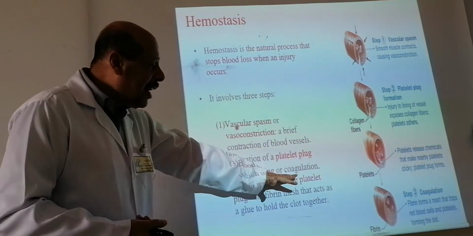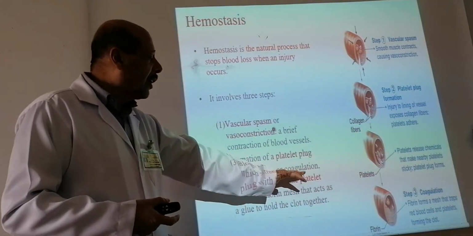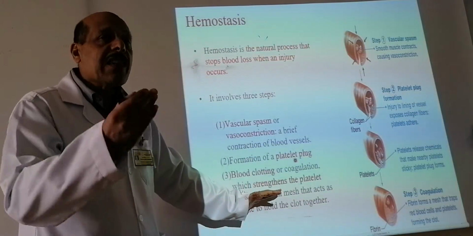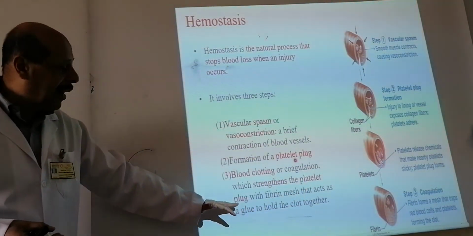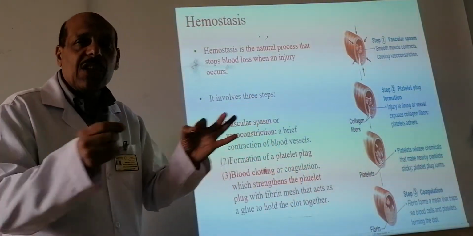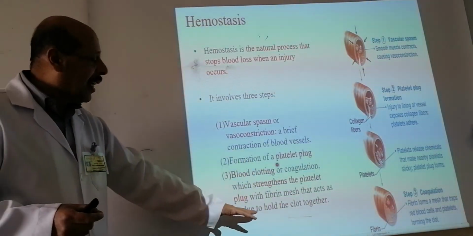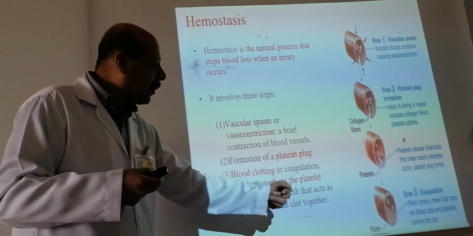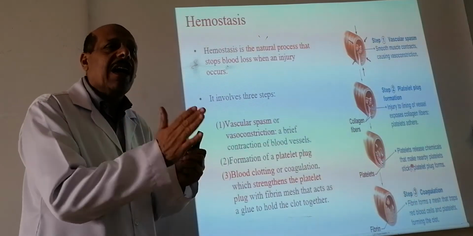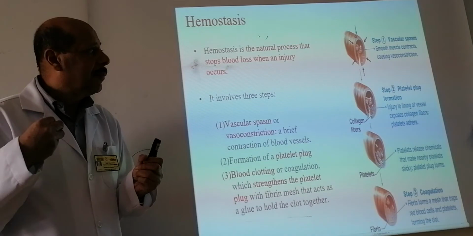Then the third step is blood clotting or coagulation, which will strengthen the platelet plug with a fibrin mesh. That acts as a glue and holds the clot together, closes the site of bleeding and prevents the blood loss.